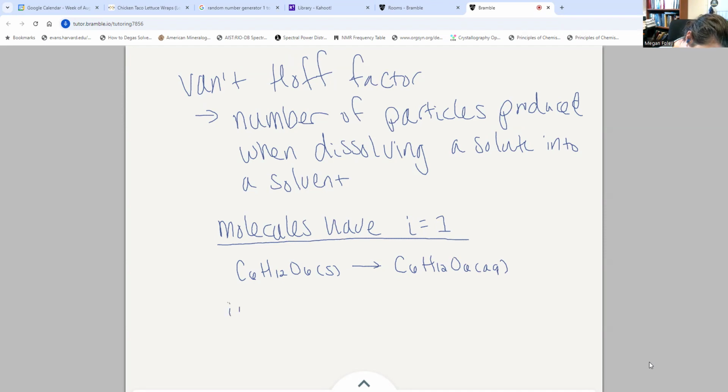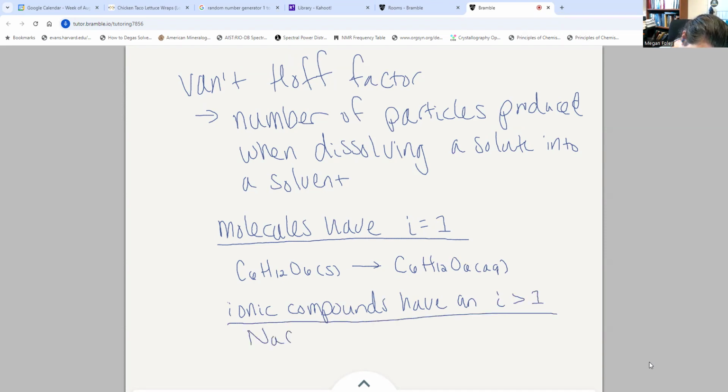Ionic compounds, however, can have an i value greater than 1. So for instance, sodium chloride, when we put that into water, it breaks down into sodium ions and chloride ions.